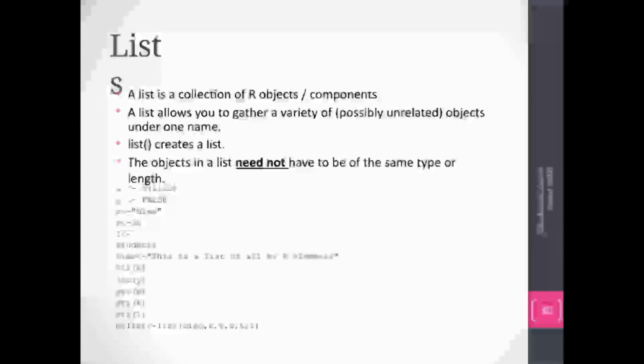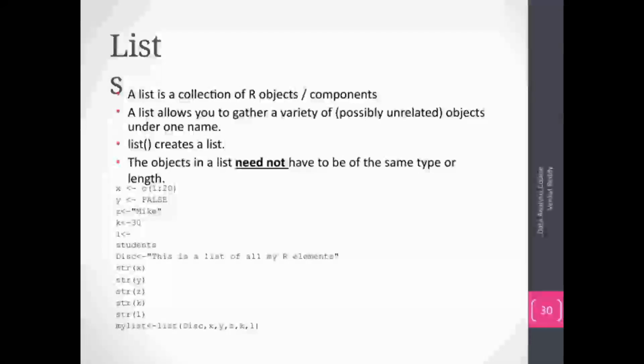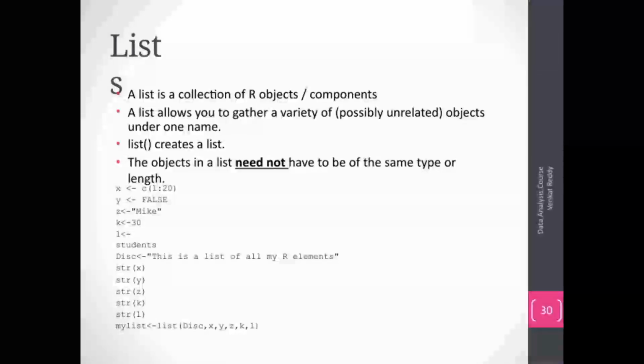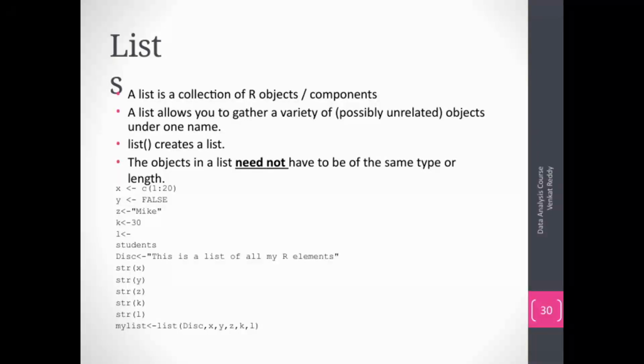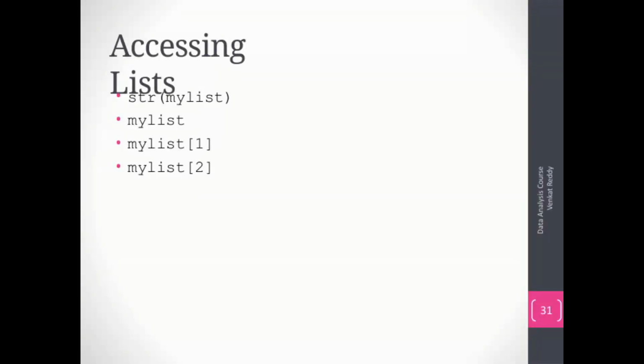Now let's take a look at slide 31, which is all about accessing lists. Here, you see the command str(mylist). This is used to display the structure of the list, which can be helpful for inspecting it. Next, we have mylist itself, which simply refers to the entire list. When we want to access individual elements within the list, we use indexing.